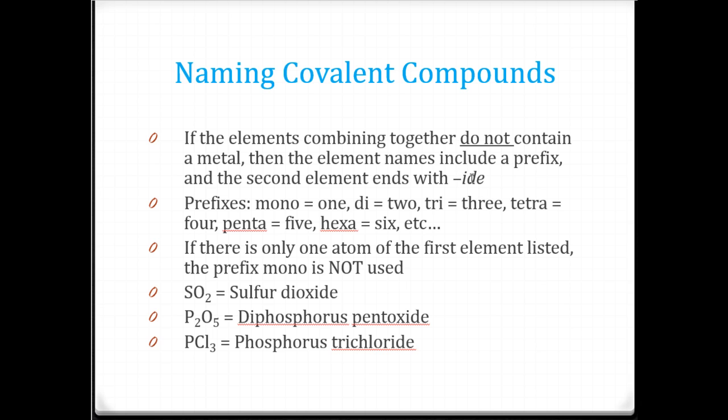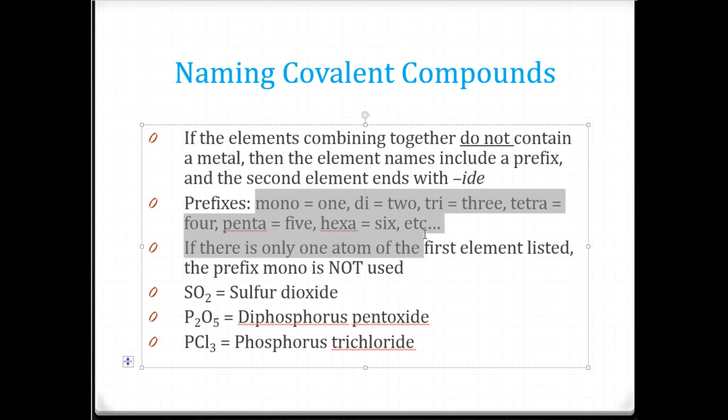So how do you know which element comes second? Part of it's practice, and typically it's the one that is more electronegative. Nitrogen is less electronegative than oxygen, so when you bind nitrogen and oxygen together, you put the oxygen second. We also have prefixes.